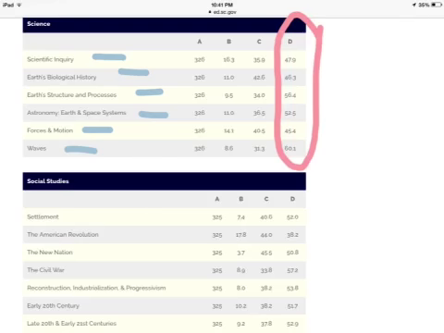We'll notice that about 47.9% of our students demonstrated strengths in scientific inquiry, about 46.3% in Earth biological history, 56.4% in Earth structure and processes. About half of our students, 52.5%, with astronomy, 45.4% with forces in motion, and 60% of our students demonstrating strengths with waves.